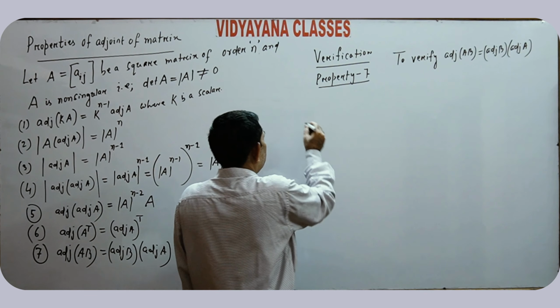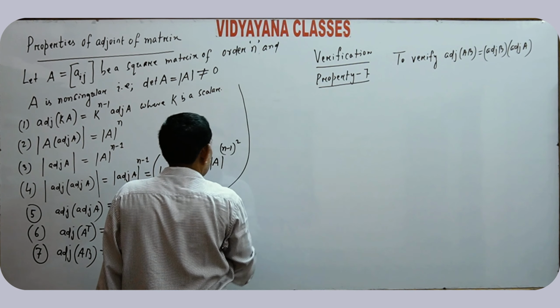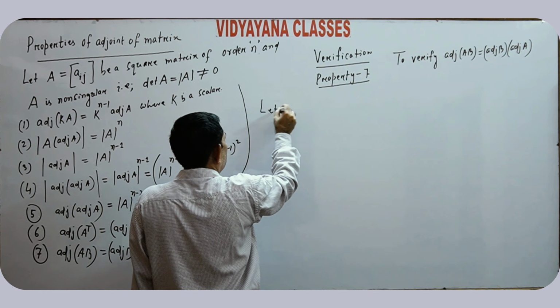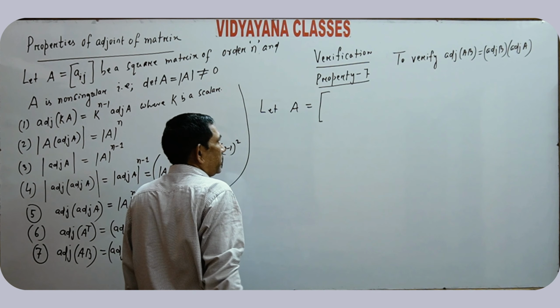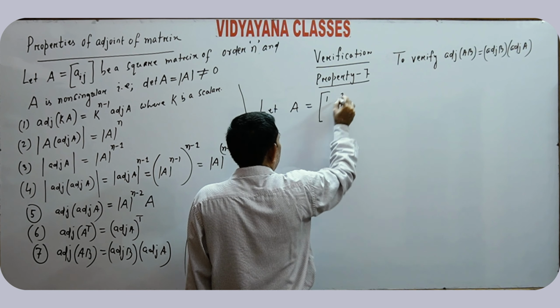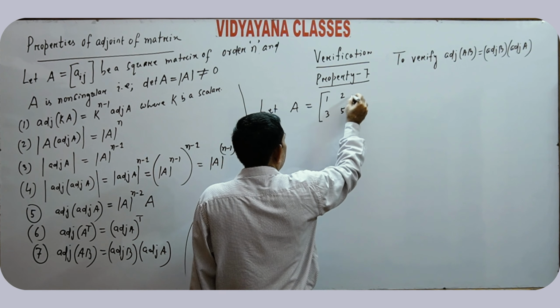Let capital A be a matrix having elements 1, 2, 3, 5.